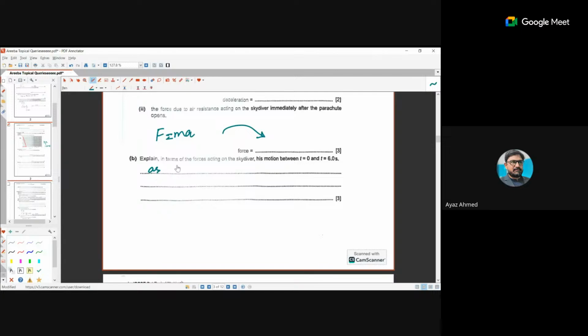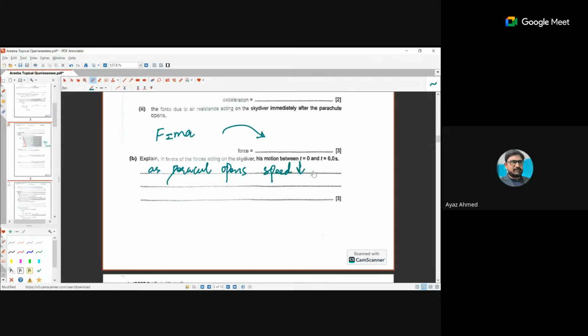As the parachute is open, at time t equal to 0, the speed decreases.